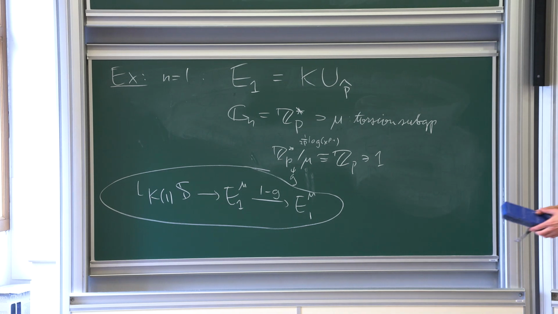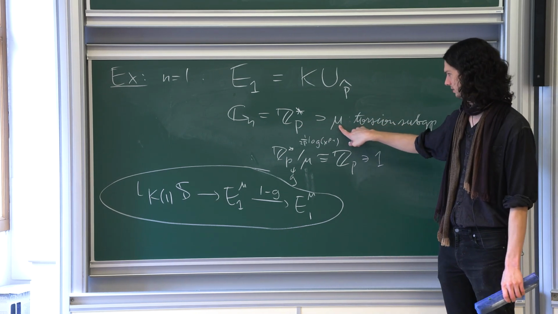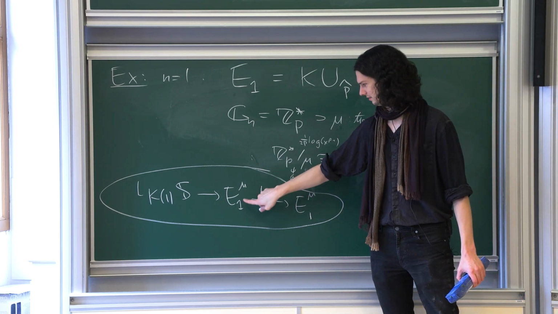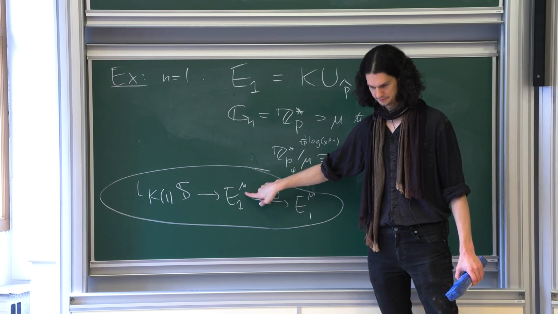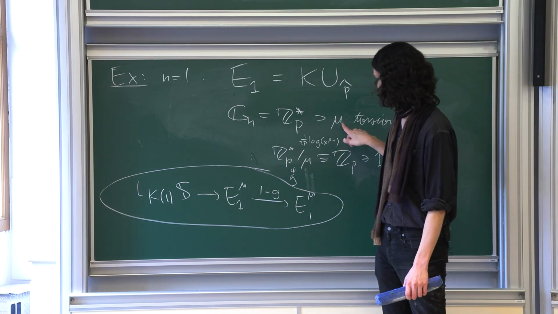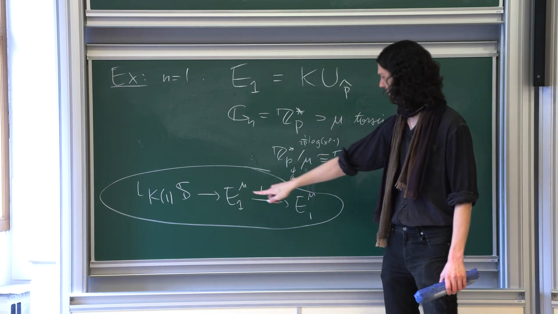At odd primes, this mu has order prime to p, so that this fixed point is just happening at the level of homotopy groups. At the prime p equals 2, this is just a Z mod 2, and it's actually equivalent to passing from KU to KO.